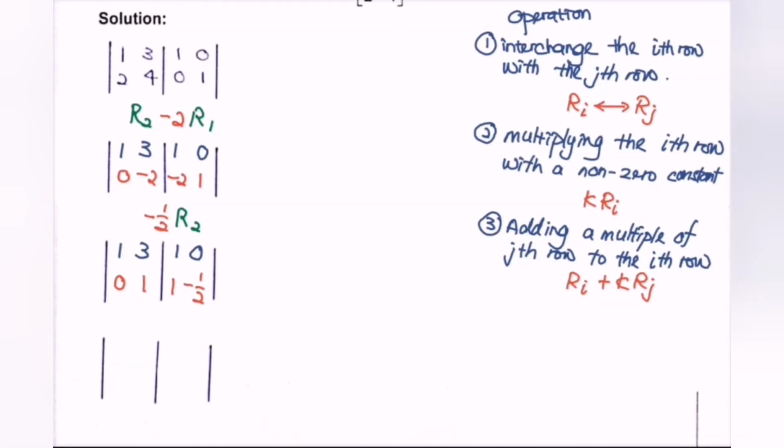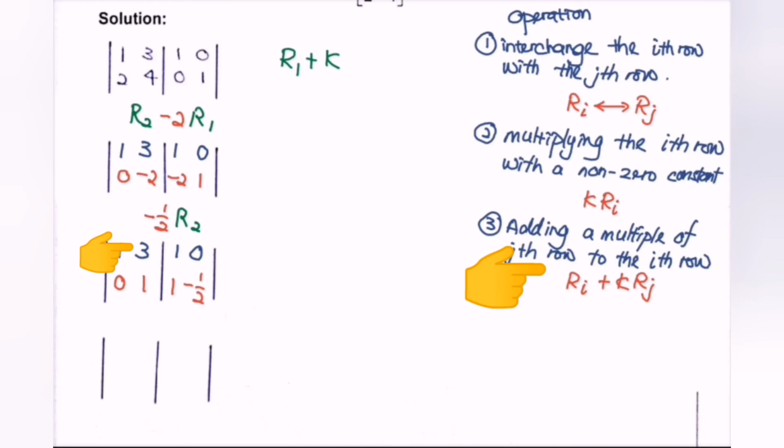Next, what we have to do is to focus on the element A12, which is the 3. We have to make sure the 3 becomes 0 by making use of the operation number 3, where we have R1. Why R1? Because the 3 is the element 1, 2, which is in row 1. So in here, we have row 1 plus k.